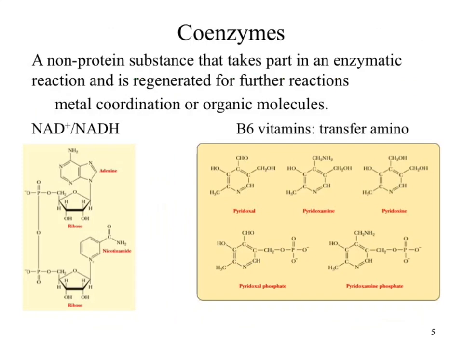The textbook lists two big coenzymes. You get NAD plus to NADH. Here we're looking at nicotinamide attached to an adenine and a sugar. What's happening in that case is actually the transfer of what?